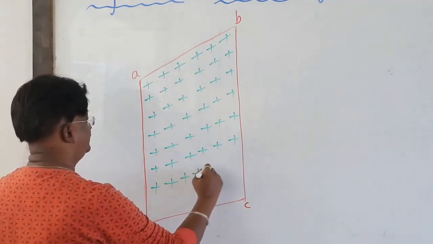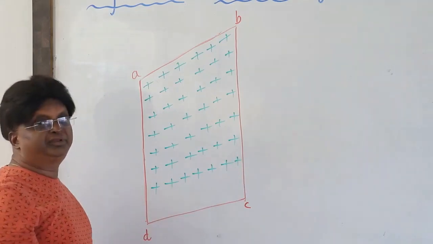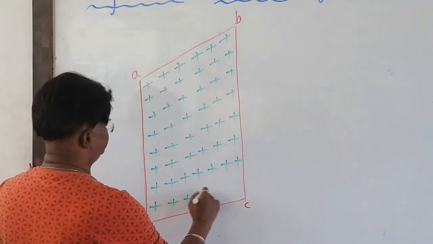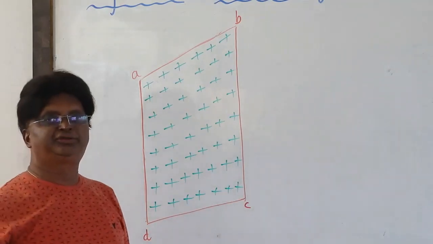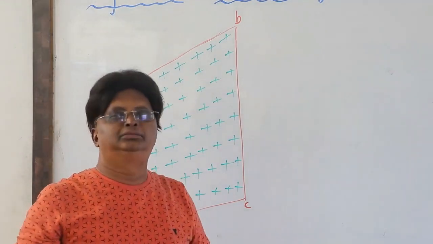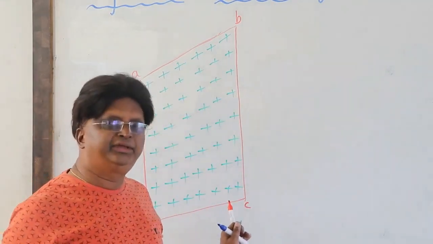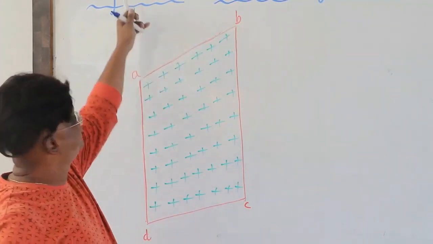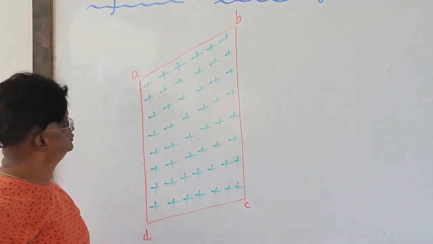Earlier we told lambda, linear charge density, charge per unit length. Now surface charge density is charge per area, right? So this is a charge sheet. This is how you begin with your notes: ABCD is a uniformly charged conducting sheet with surface charge density sigma, which is uniform.